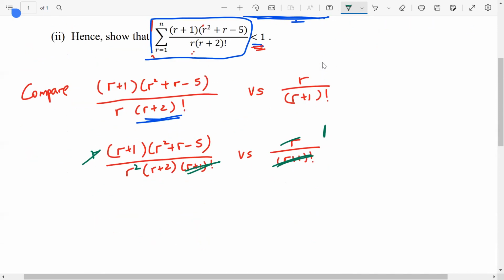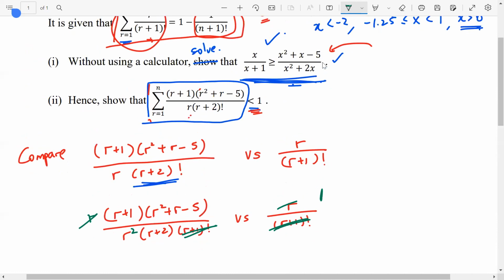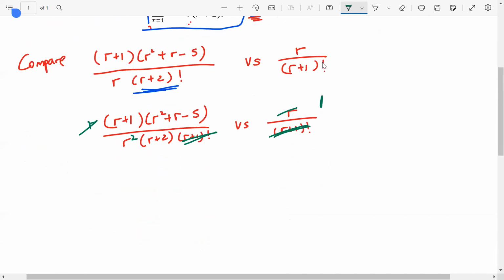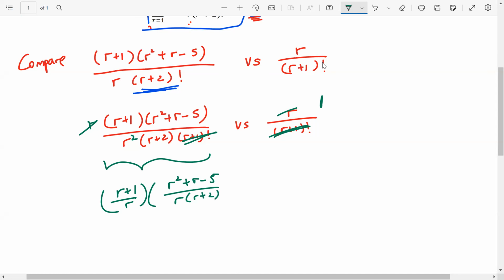You can see that r squared plus r minus 5 over r squared plus 2r can be seen inside. This thing is the same as (r+1) over r, times (r squared plus r minus 5) over (r+2), versus 1.